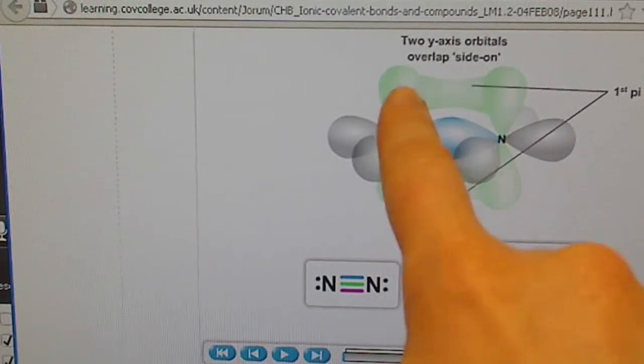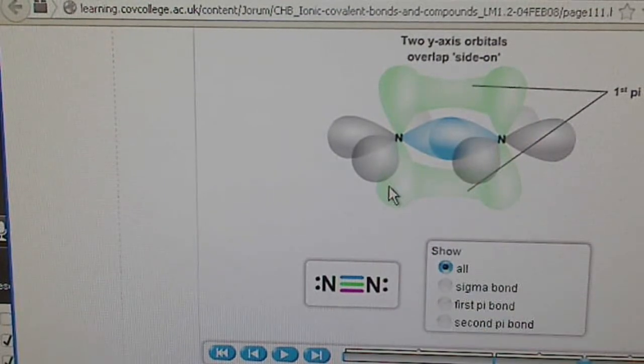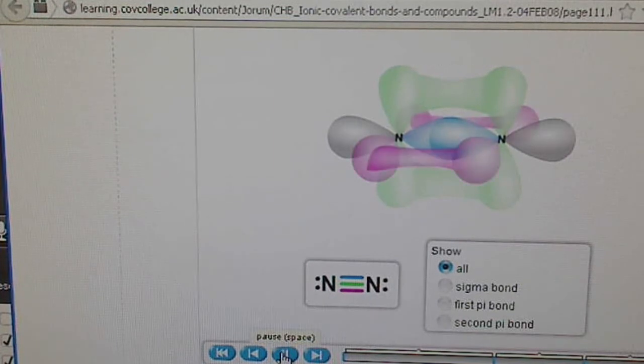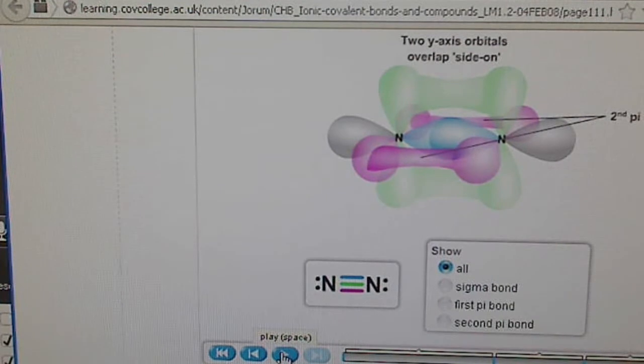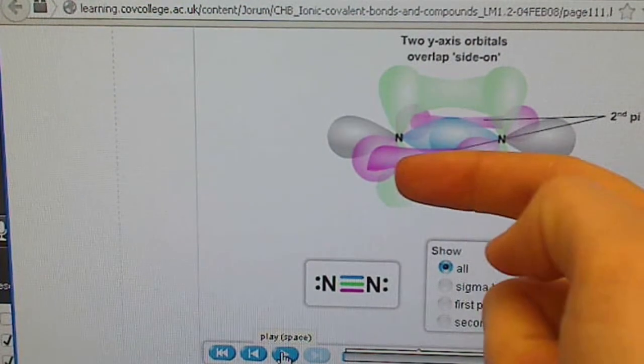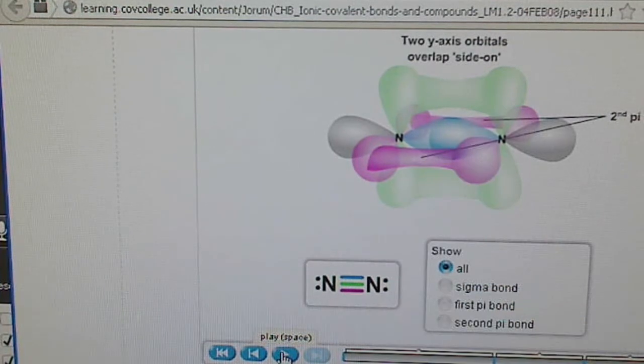So we have the overlap above and below. That formed the second bond, or the double bond. Nitrogen does have a triple bond, so what's going to happen is we're going to overlap the other p orbitals. Okay, so now we have electron density coming out at us and going away from us.